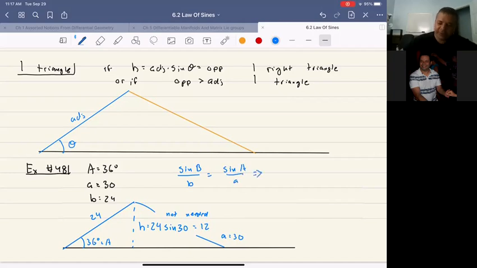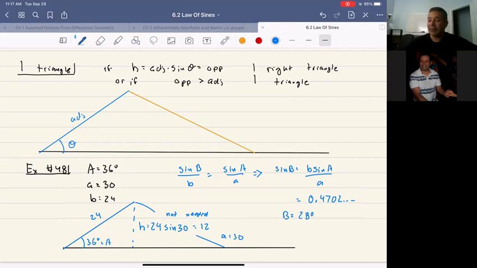This means that sine of B equals b sine A over a, which gives us 24 times sine 36 divided by 30. That's 0.4702. Taking the inverse sine of that, I get B equals 28 degrees.